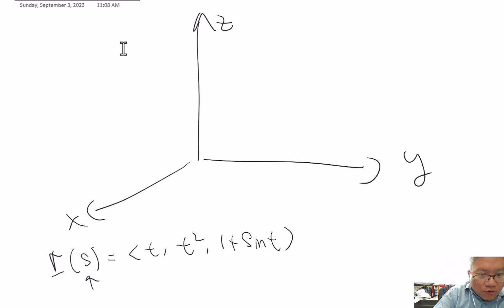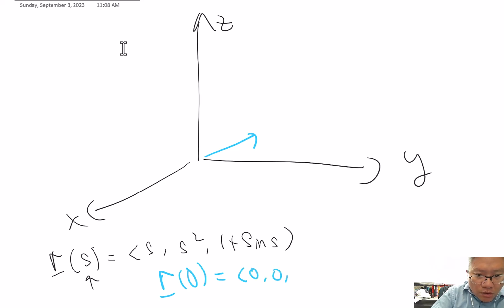Sorry, s, right? s squared, 1 plus sine s, and every time you change your s, you're going to have something pointing to that. For example, r(0), this is something that we know, we don't have to worry too much about it. It will be 0, 0, sine 0 is 0, and then plus 1 is 1. So at time s equal to 0, it will be pointing to here.